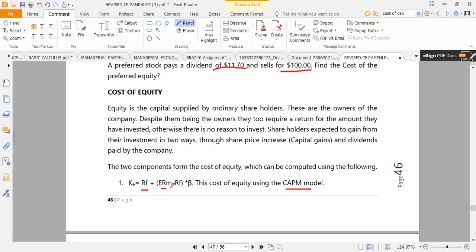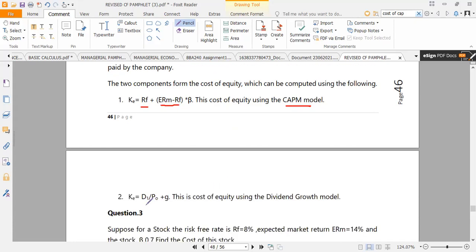Then we have the risk premium, which is the expected market return minus the risk-free rate, times the beta. Then we also have the dividend growth model, which is KE equals D0 over P0 plus growth, where we know that D1 is D0 times 1 plus growth.